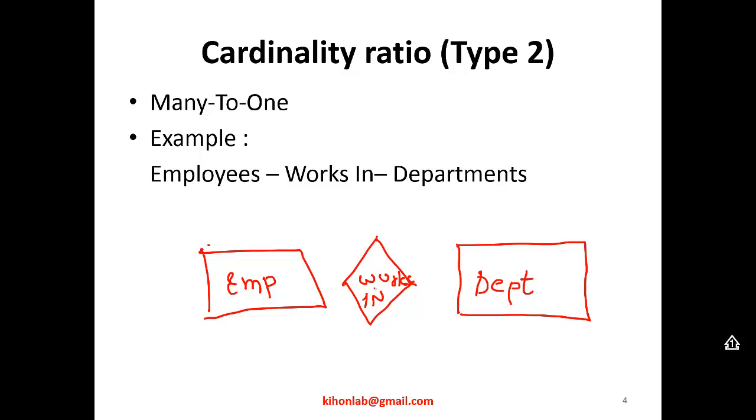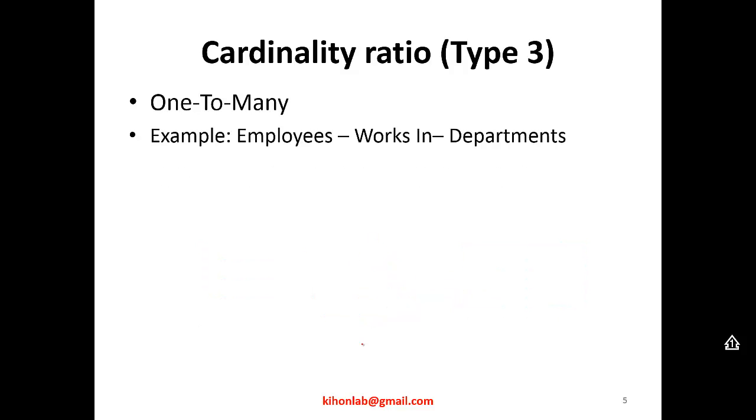In a many to one relationship, you can observe the arrow here; we are supposed to put the arrow. Now how does this work? An employee can work in at most one department, many to one, and a department can have many employees. So a many to one relationship is represented by putting an arrow towards the one. An employee can work in at most one department and a department can have more than one employee.